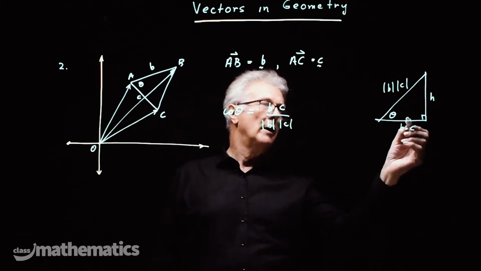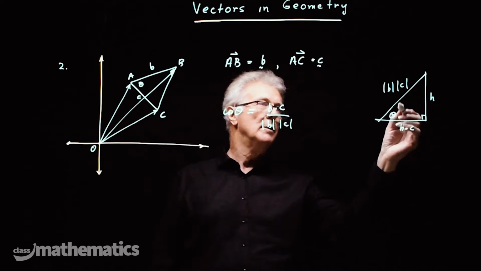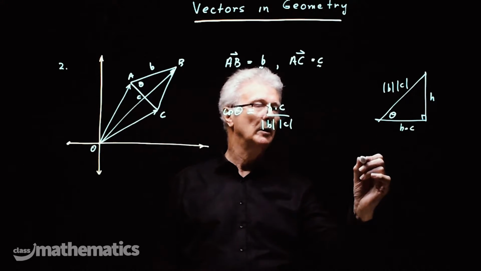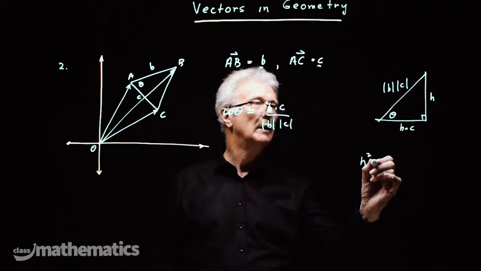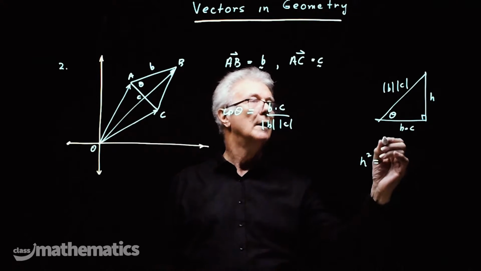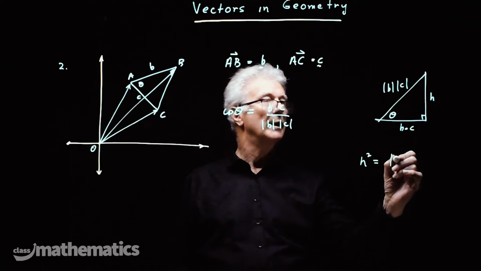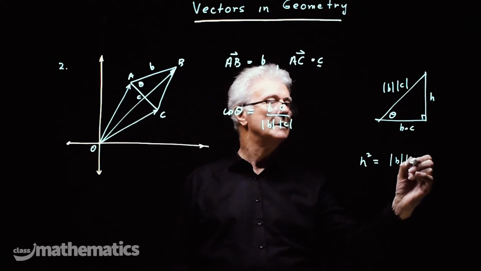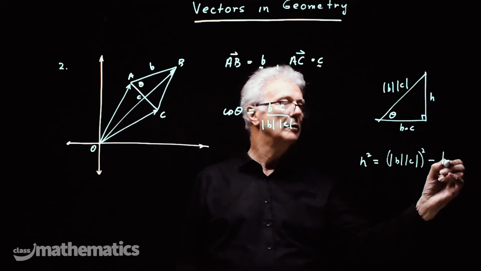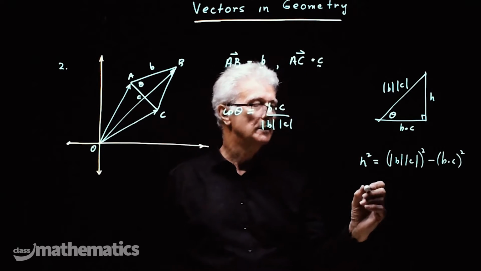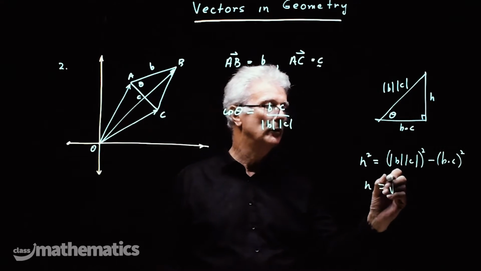So now I can work out what h is, because from Pythagoras, being a right angle triangle, h squared will be equal to the magnitude of b times c all squared minus b dot c all squared. So h is equal to the square root of all this.